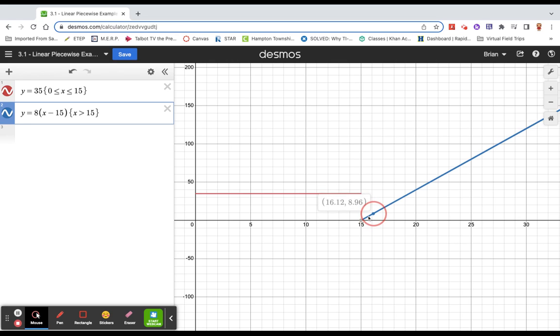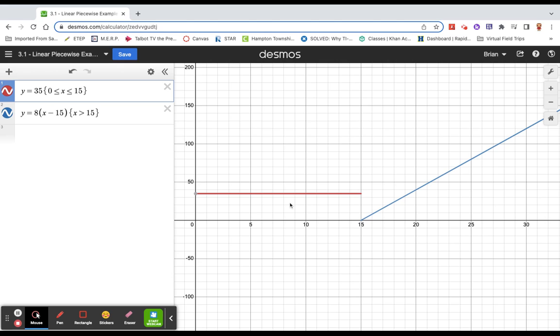So you'll see after one at 16, I'm at $8. And you'll see at 17, I'm at $16. If I left off that initial $35 from the second part of the piecewise, I get the extra amounts that I'm going to pay, but I don't get them in total with that 35 that I've already paid.